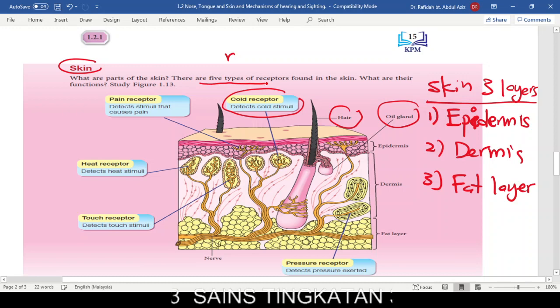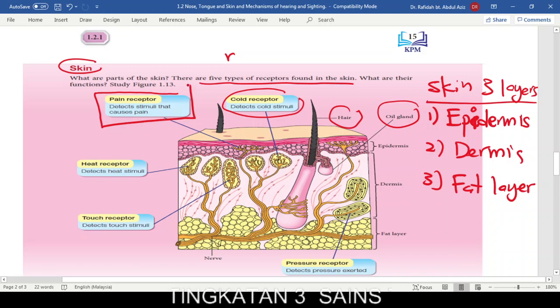There are 5 types of receptor found in the skin. So what are the 5 types? The first receptor that we must know is the pain receptor.